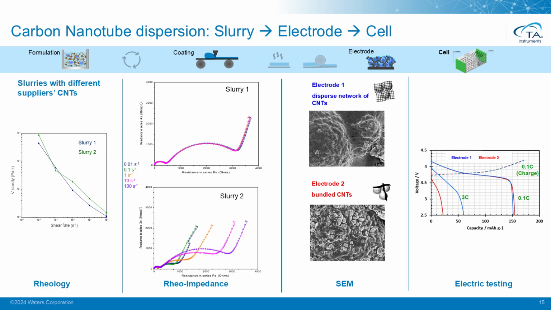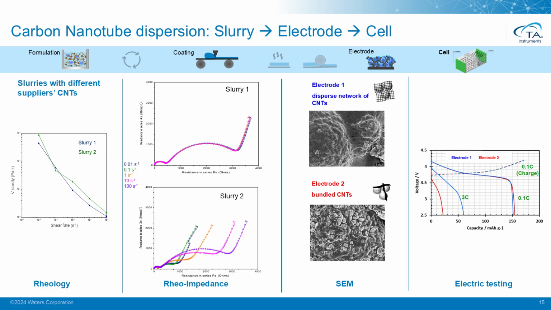And in fact, if we test a battery cell made out of these electrodes, we can also see that, especially when we apply a high current, electrode 2 has very poor properties compared to electrode 1.